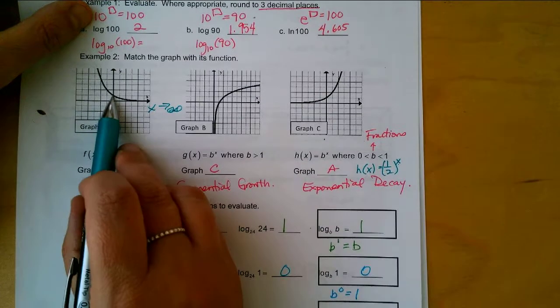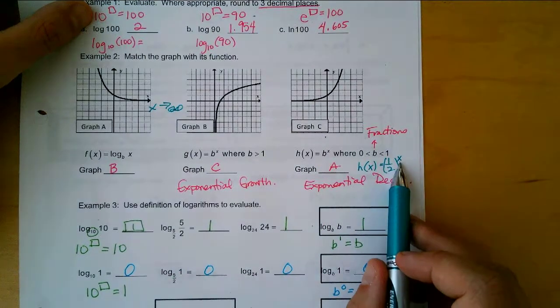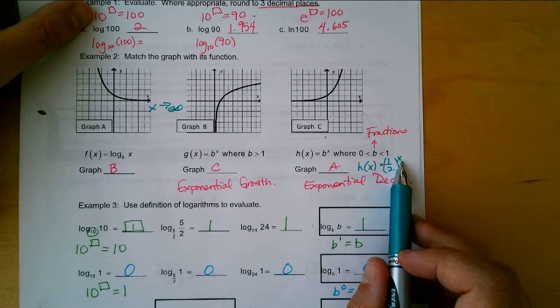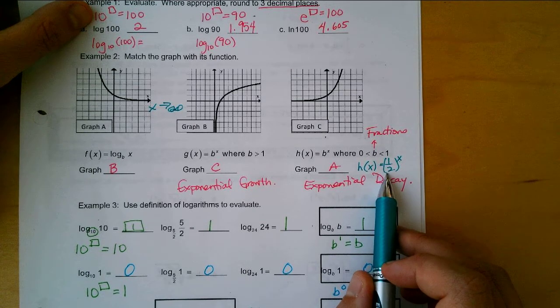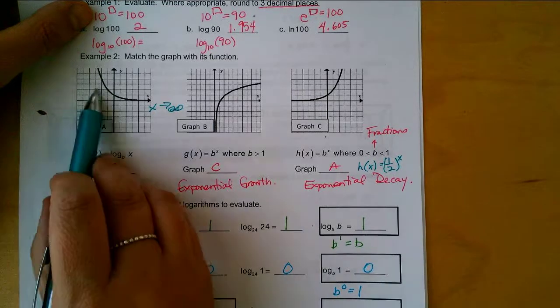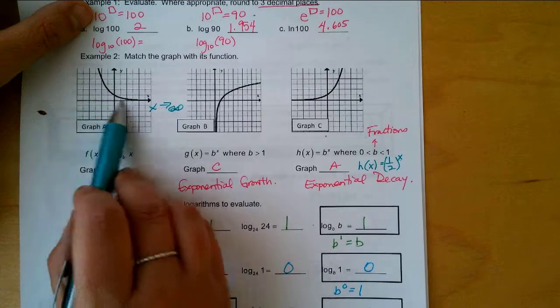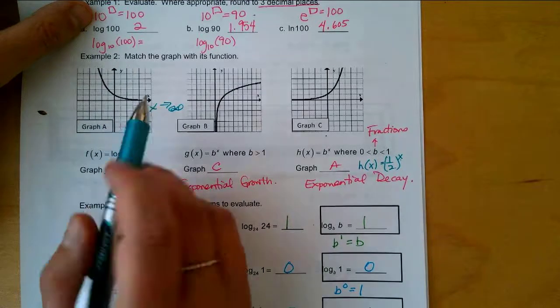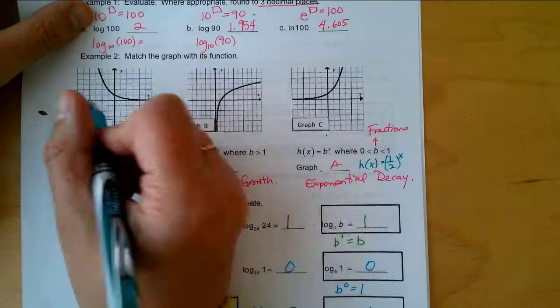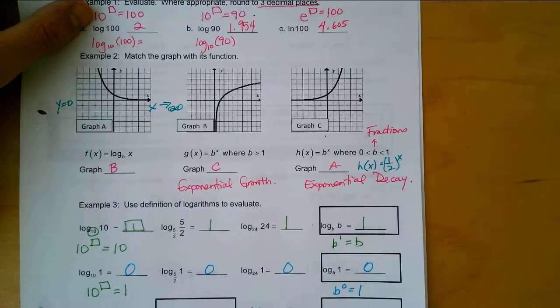That's going to get really, really close to 0. If the x was 3, then I would have 1/2 to the third power. That's going to be 1/8. So as x gets larger, we start to see that asymptote happening at y equals 0, the equation y equals 0, which is the x-axis. Okay, good question.